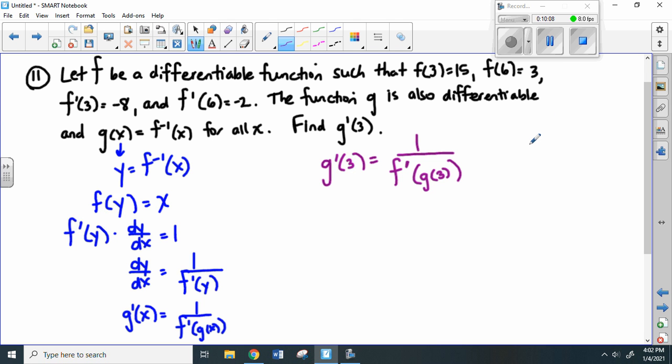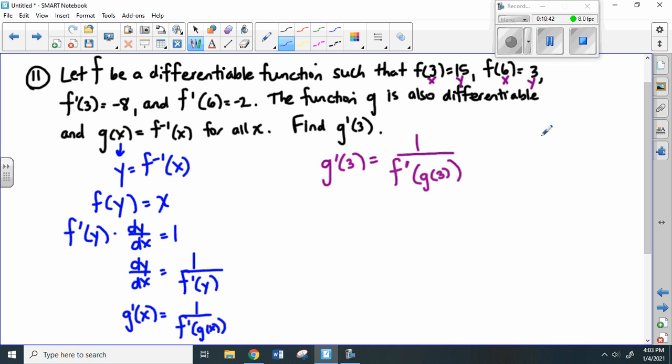Remember the most basic definition of an inverse is that you switch the x and the y. I gave you f of 3 equals 15. I gave you f of 6 equals 3. Well, this is an x and this is a y, right? But when I put the 3 in for g, that's the same thing as having the y value of 3 in f.